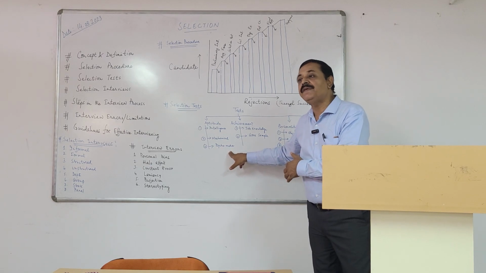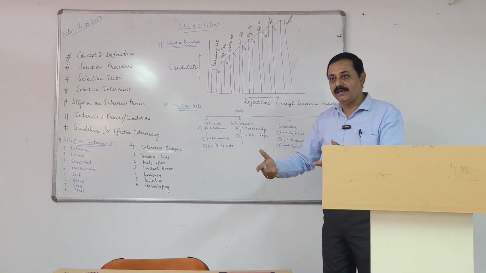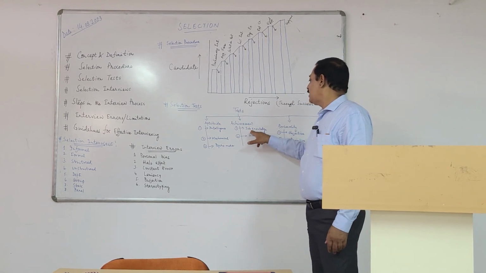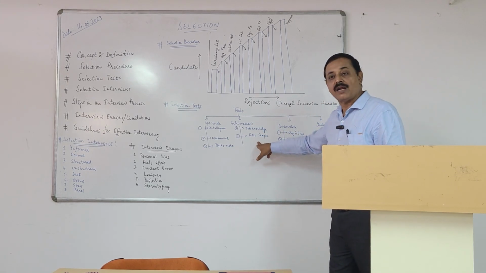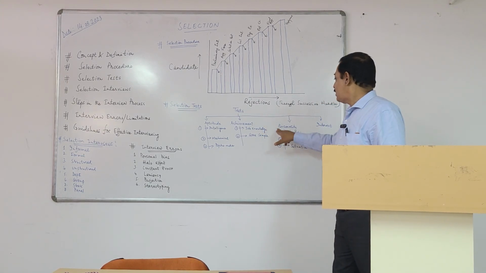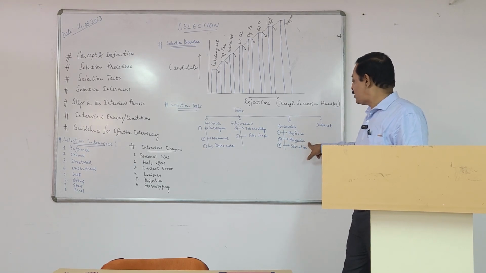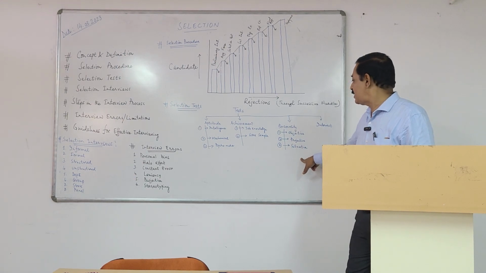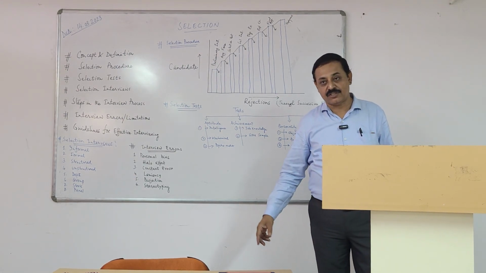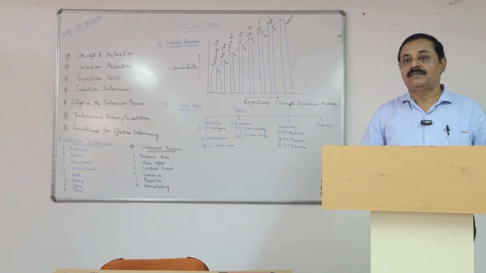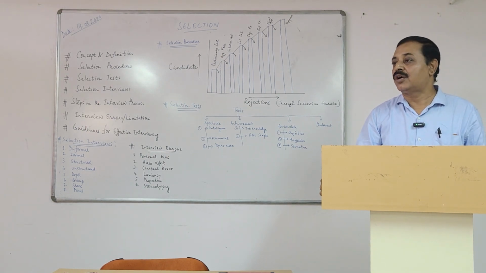Mental as well as physical dexterity is seen. And then achievement test, here is the job knowledge test and work sample test. Here in the personality test, objective test, projective test, and situation test. And finally, the interest test also can be conducted.